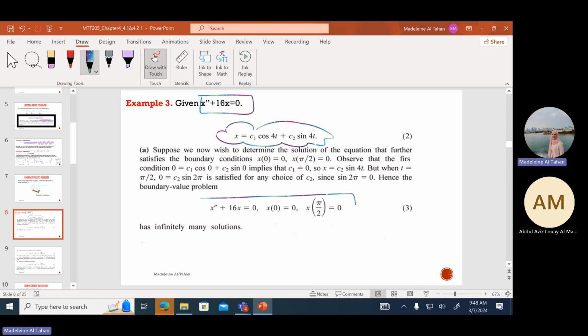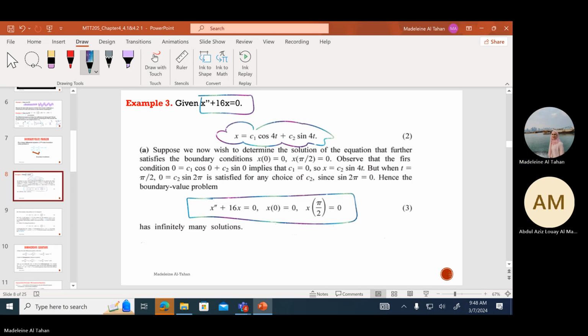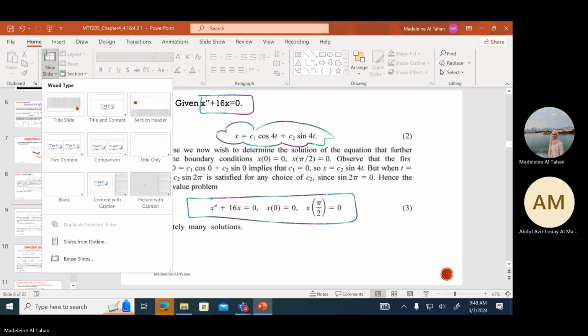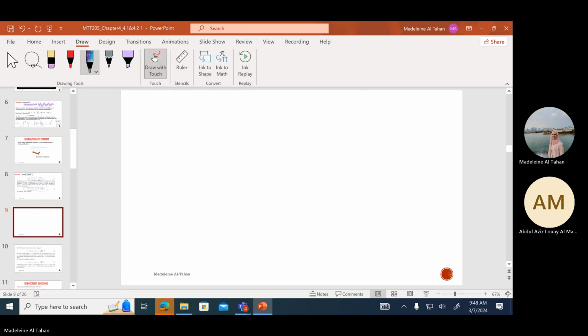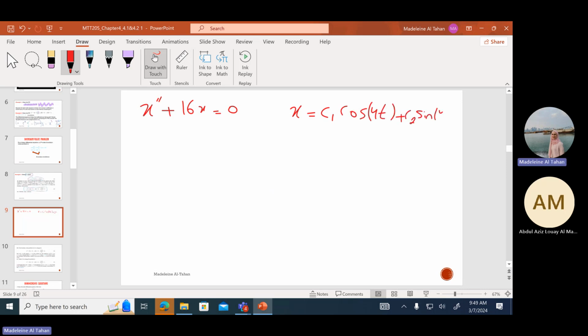The first boundary value problem that they are giving us is this one. So we will copy it now. x double prime plus 16x equals 0. They are giving us the solution as c1 cosine 4t plus c2 sine 4t. This one is what, Miss?